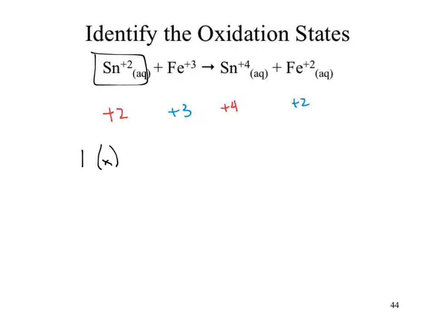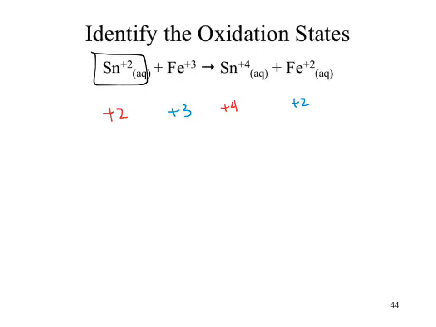I don't know what it is. There's no other elements, so that has to equal the overall charge. What's the overall charge for that? A plus 2. Solve for x. Plus 2. What's the oxidation state for tin plus 2? Plus 2. Yeah, the charge and the oxidation state ended up being the same thing. Okay, it doesn't have to be, but it could be.